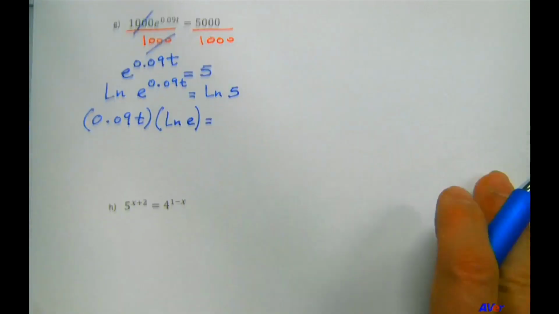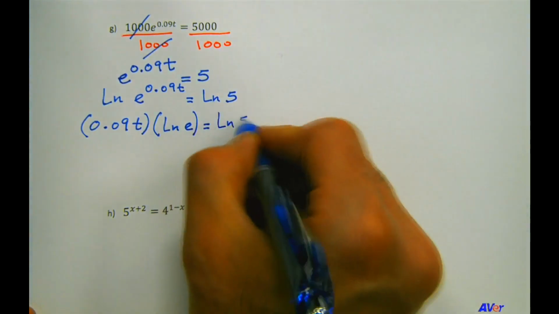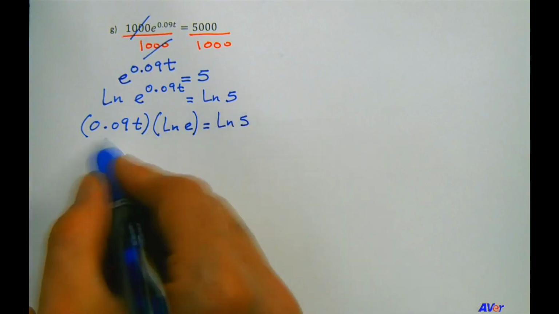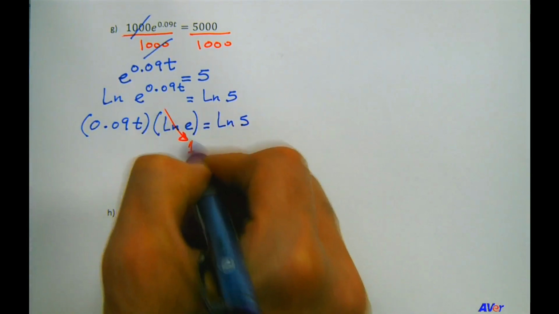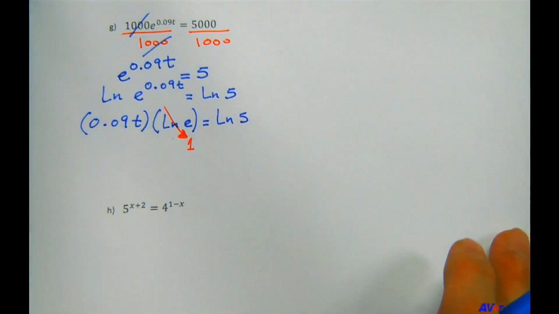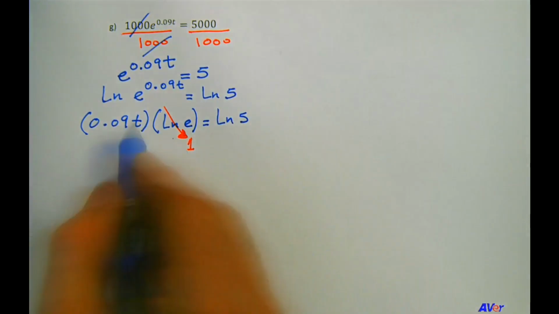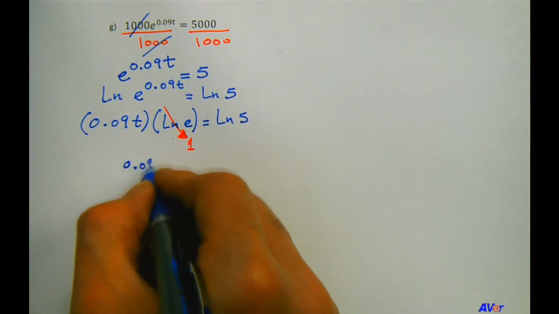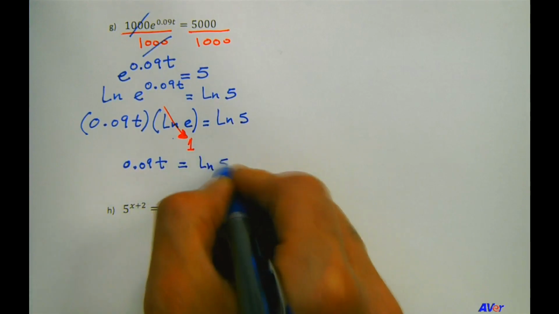Equals natural log of 5. So on the left, natural log of e is 1. We know that, right? That's one of the properties we learned about last time. So 0.09t times 1 is itself: 0.09t equals natural log of 5.